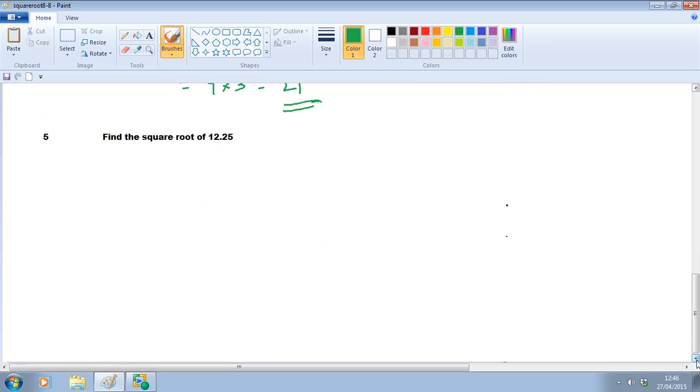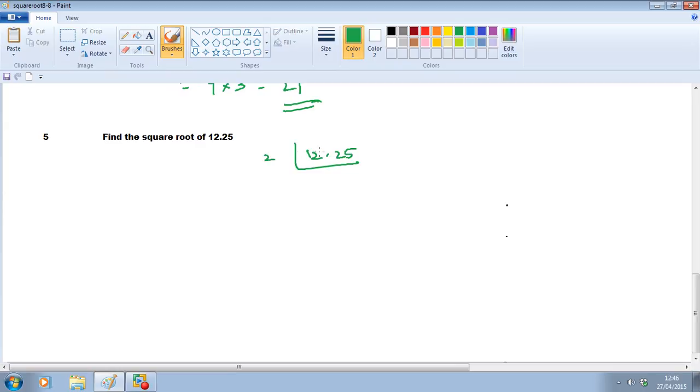So next problem. What is the square root of 12.25? When the decimal point comes around, things change. Here it ends with 5, so you try to divide this by 25.